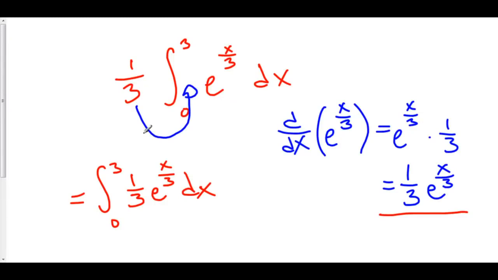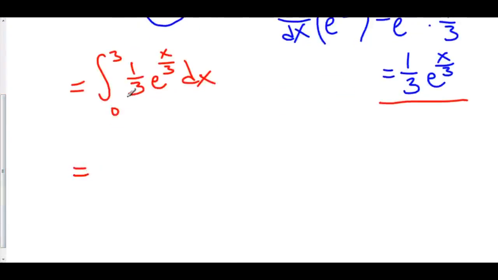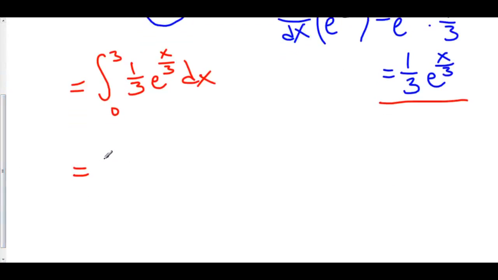But instead, we ended up finding, by pure chance, the antiderivative of 1/3 e to the x over 3, which suits us just fine because there's still a 1/3 in there. And the antiderivative of 1/3 e to the x over 3, as we noted, is e to the x over 3. So this is equal to e to the x over 3 from 0 to 3.